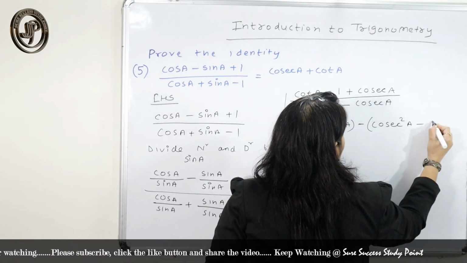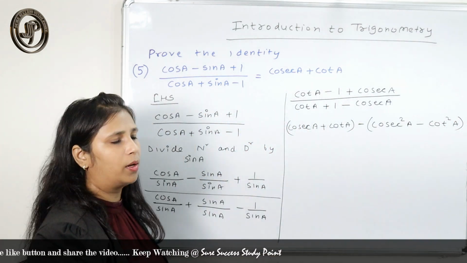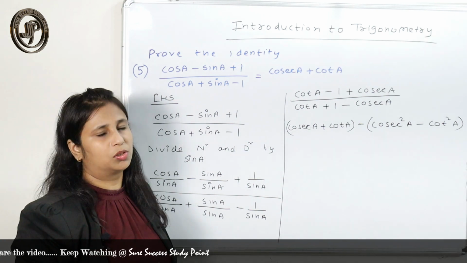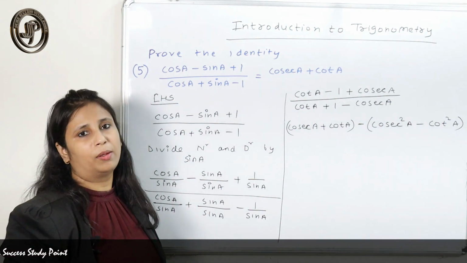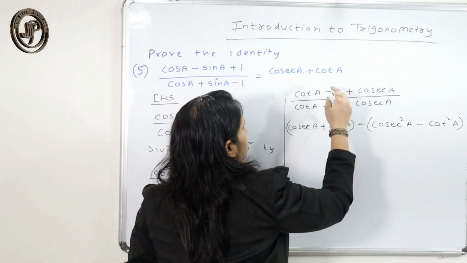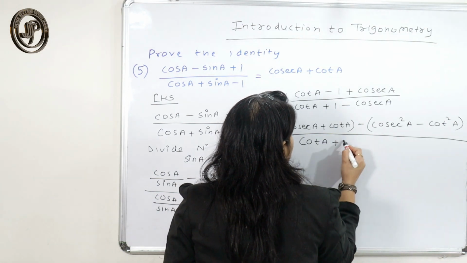You have the identity 1 plus cot square A is equal to cosec square A. So in lieu of 1 you can write cosec square A minus cot square A. So this one, and the denominator as it is.